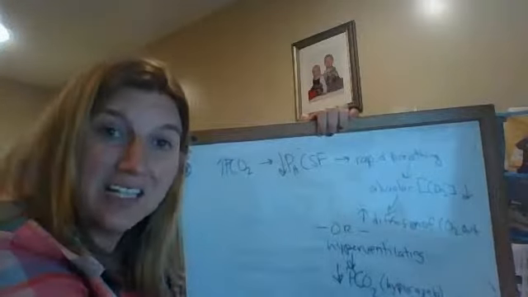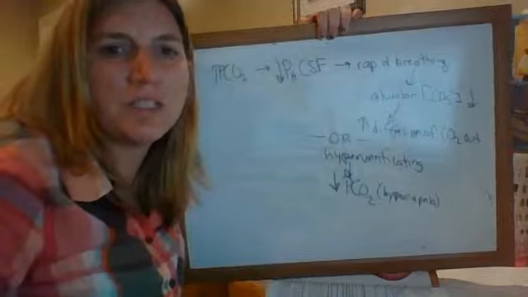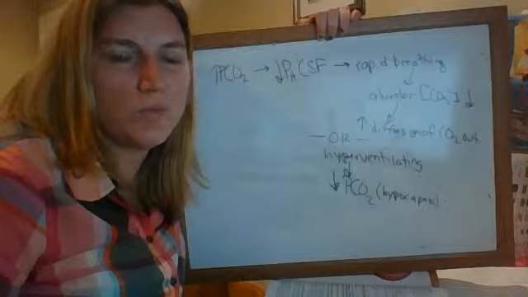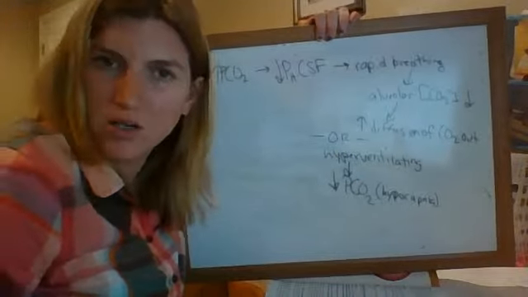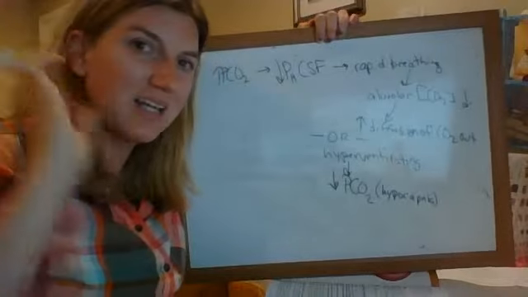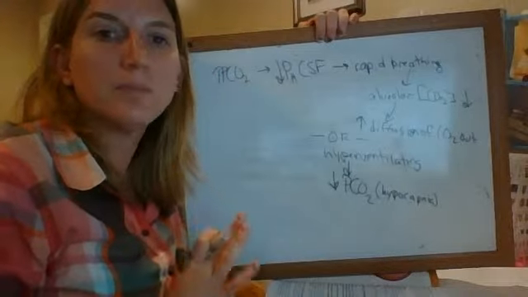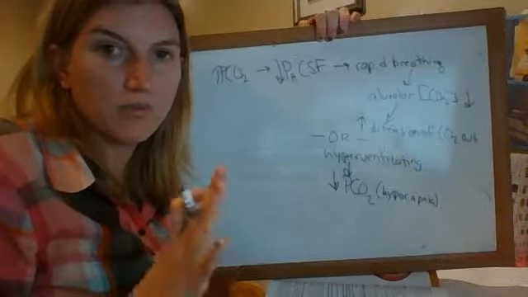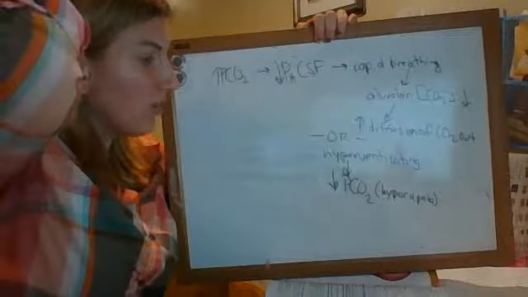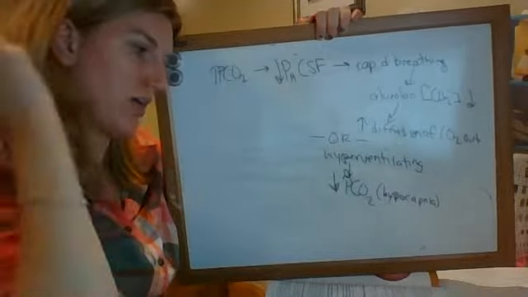Not having enough carbon dioxide, which seems kind of ironic, right? I mean, you want to get rid of carbon dioxide, don't you? Carbon dioxide is a waste product, but again, not really. You need it in balance, in ratio. You need it in equilibrium with everything else that's going on.